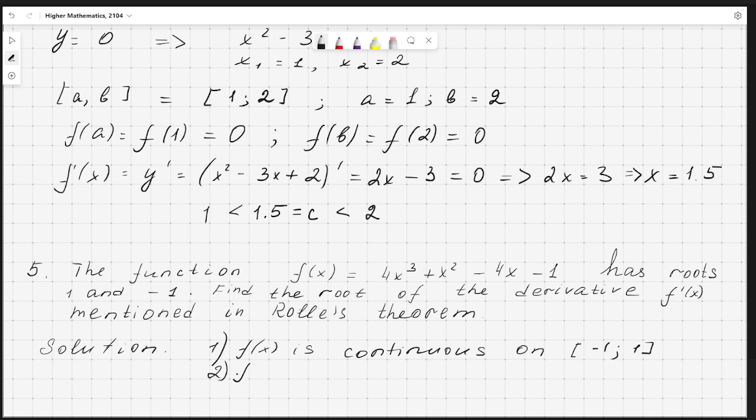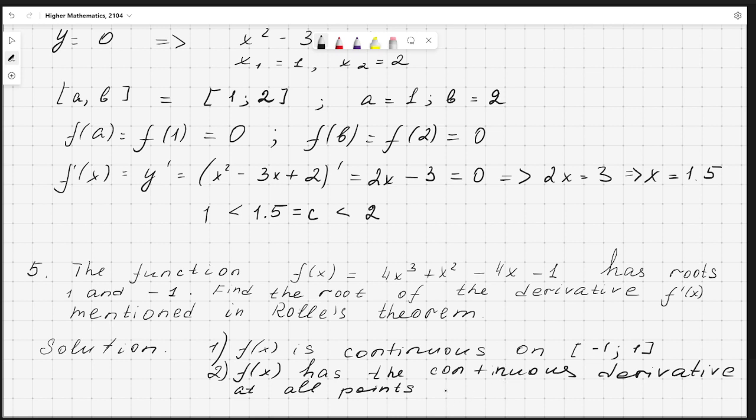The second, f of x has the continuous derivative at all points, all interior points of this interval.